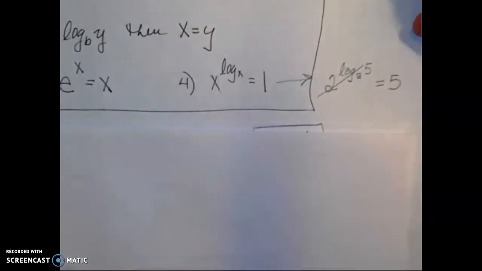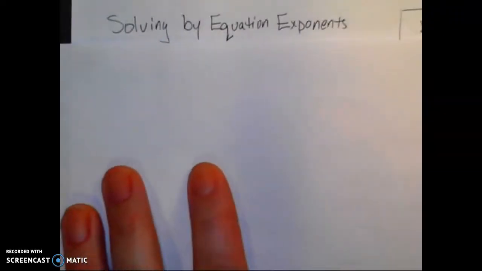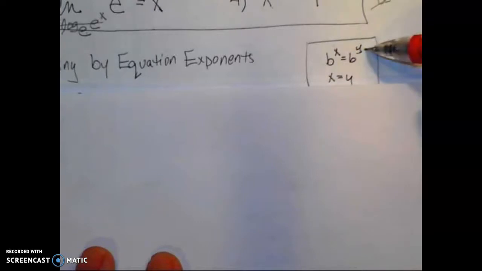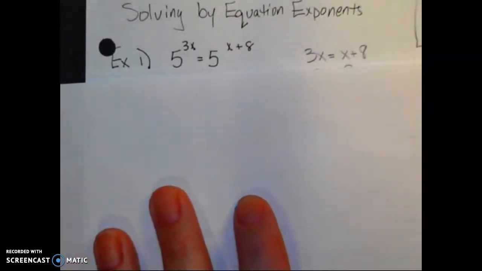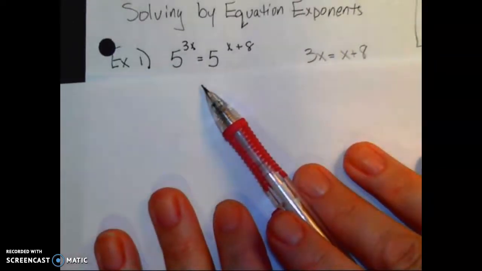Okay, I'm going to tell you to take really, really, really good notes today. We're going to use this idea right here. If you have the same base, you can cancel the bases and set the exponents equal to each other. For example, see how I have the same bases? Those are 5.